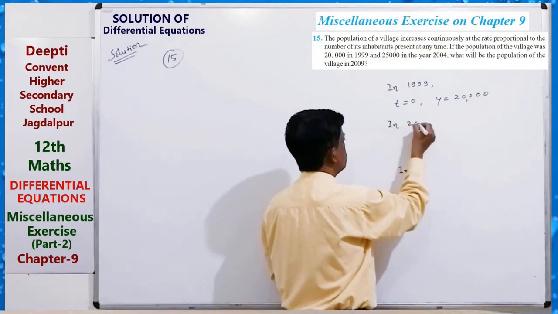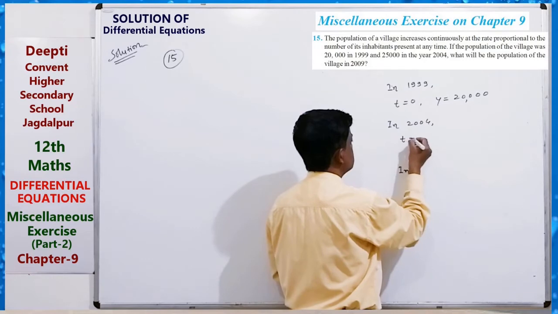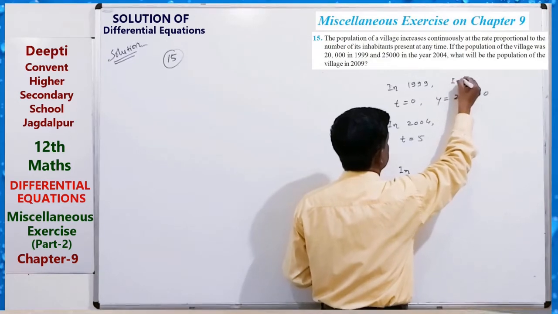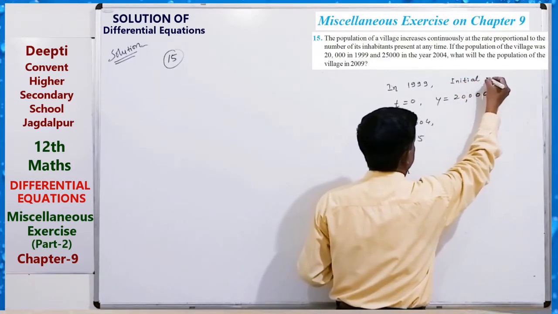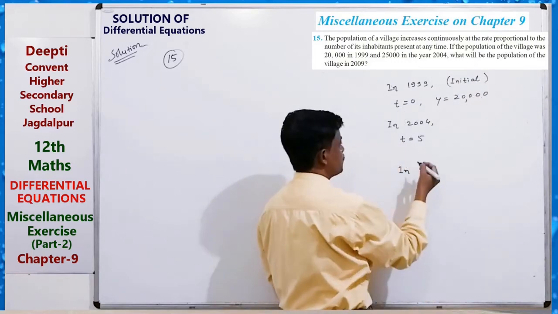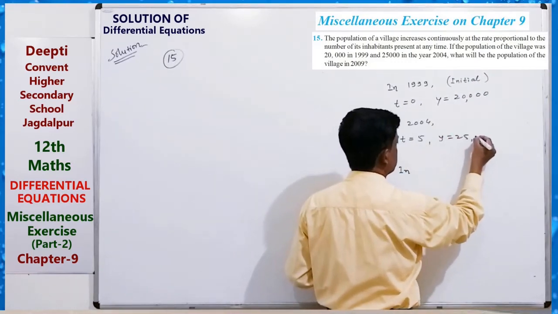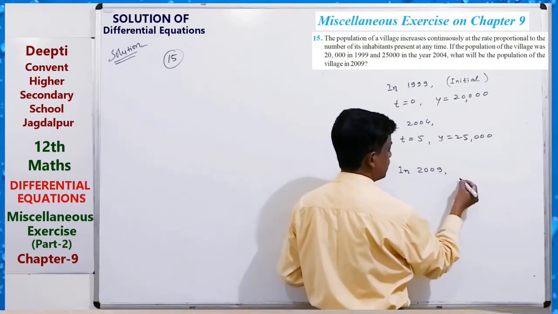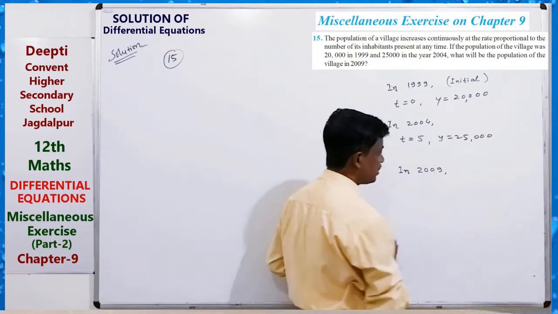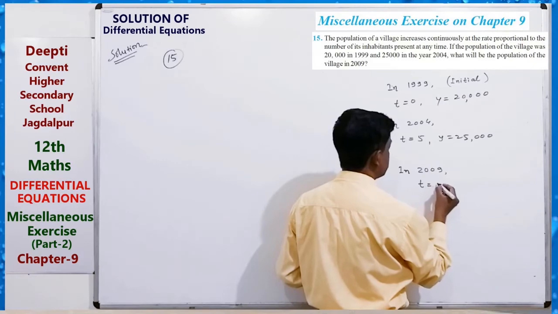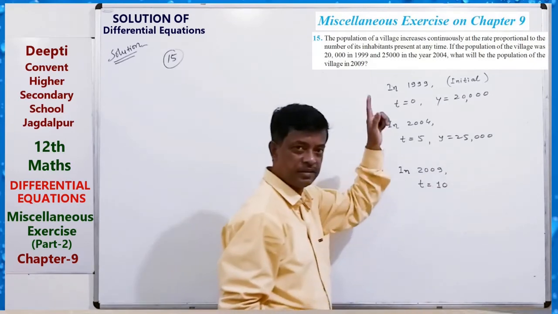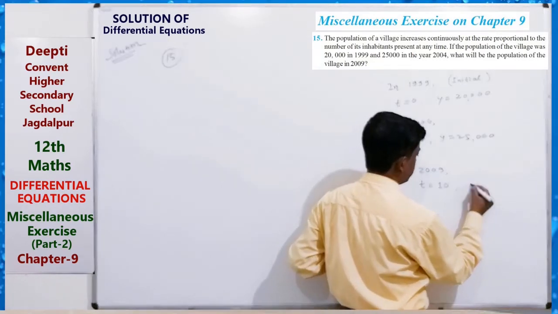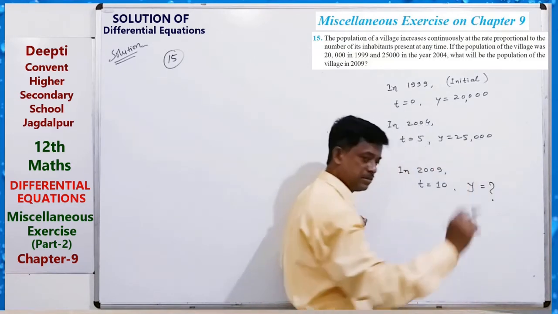In 2004, that is t equals 5 years, y equals 25,000. In 2009, t equals 10, counting this is 0, this is 5 years, then 10 years. Y equals, we have to find this. Clear?